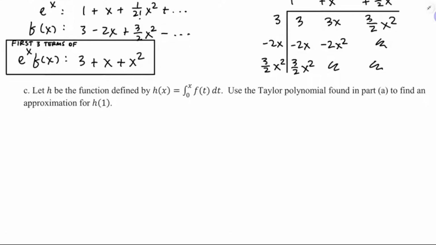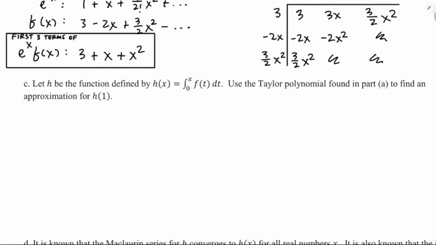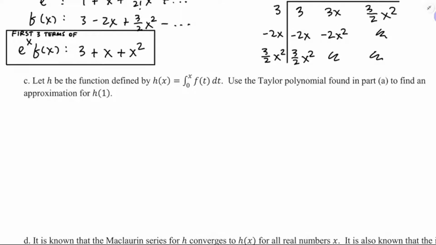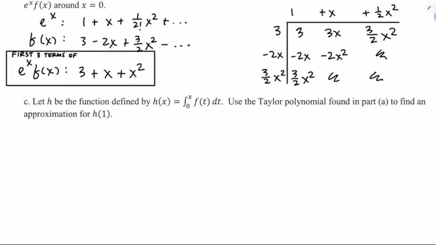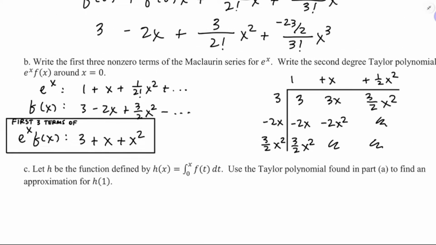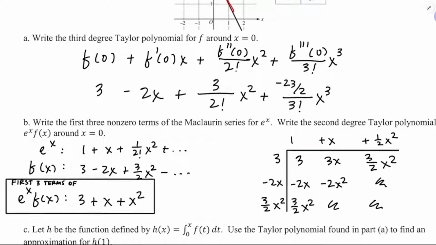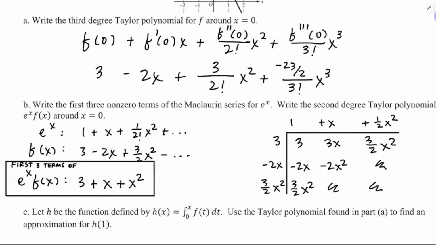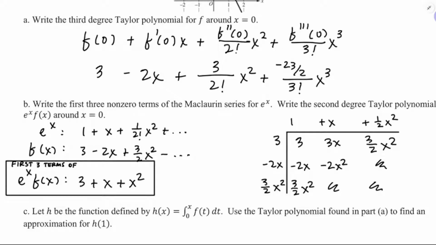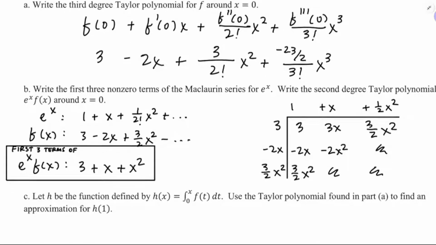All right. And so h is the function defined by the integral from 0 to x of f. Use the Taylor polynomial in A to find an approximation for h of 1. Okay, so we're going to need... Okay, so I guess we're just going to write a Taylor polynomial for h using an antiderivative for f.